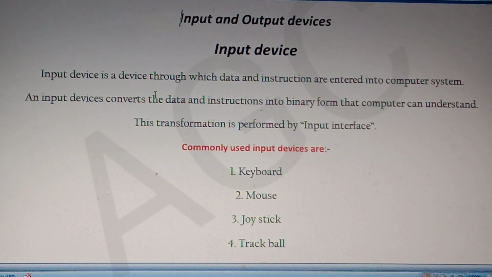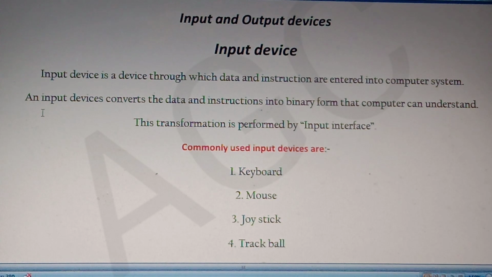Input devices are used by the user to give input to the computer. If a man wants to give information to the computer, how is he going to give it? Through the input devices. Everyone clear? Right. An input device is a device through which the data and instructions are entered into the computer system.